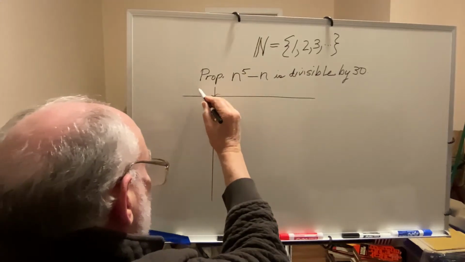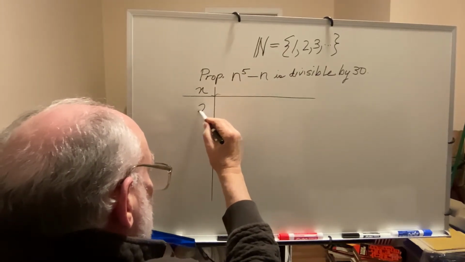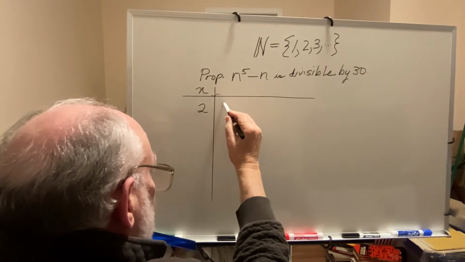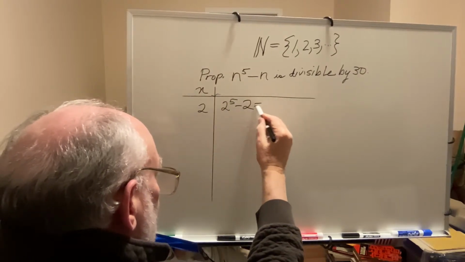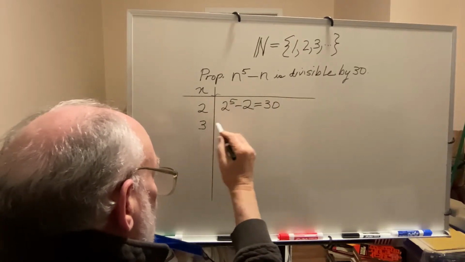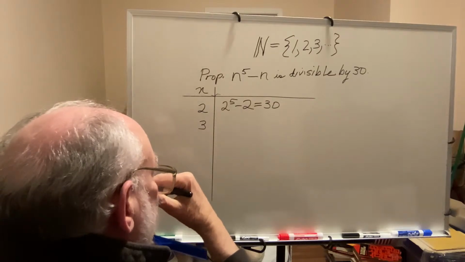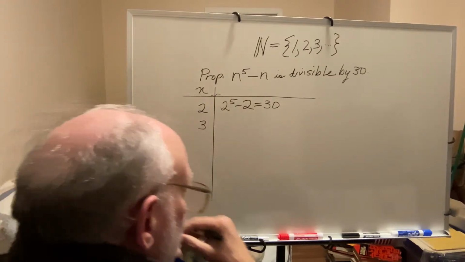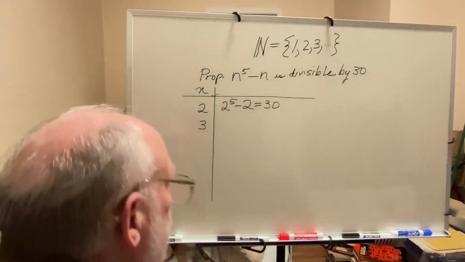Now we have n here. N is say 2. We have 2 to the fifth minus 2. That's going to be 30. Try 3. 3 to the fifth is 243.